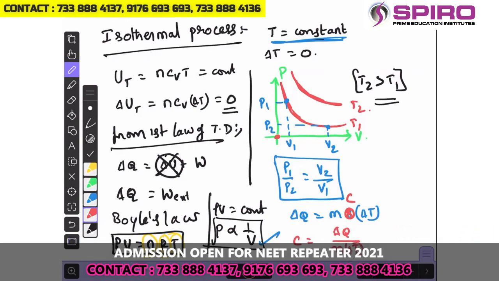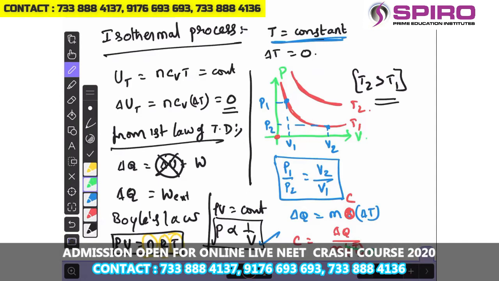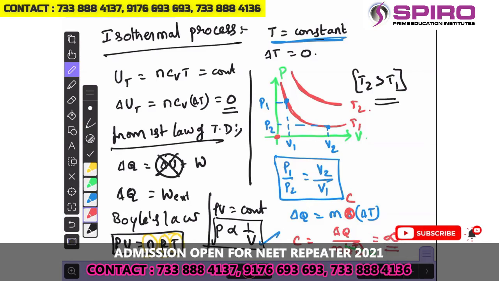Being temperature constant, delta T will be 0. That's why the specific heat is equal to infinity. That means as much heat as you supply from the surroundings to the system, its temperature never changes. So infinity is the specific heat in the isothermal process.